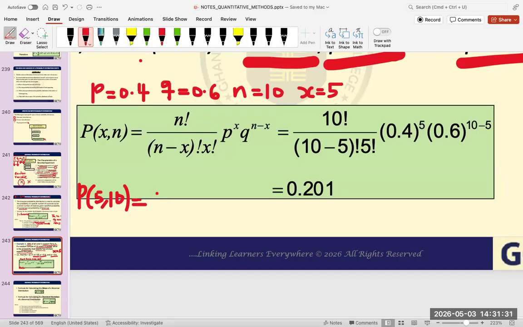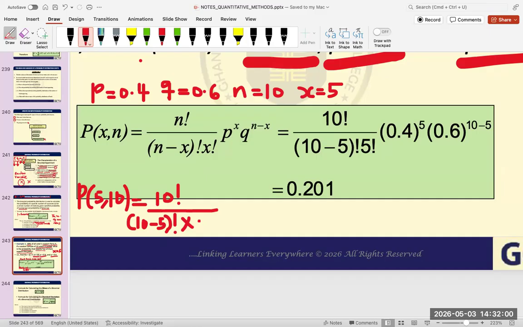N is 10, so 10 factorial divided by N minus X. So that would be 10 minus 5. There's no multiplication sign here, but you have to bring a multiplication sign like this.